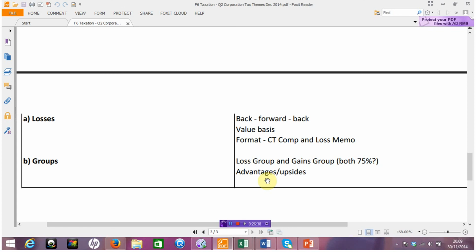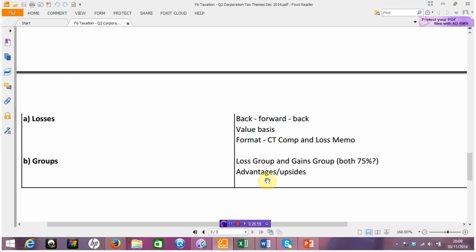And you may have seen this previously in other questions. There may be a question in the area of whether or not the loss in one company, or the capital loss in one company, the gain in another company, can be offset. Well, they can't be, because we cannot transfer gains and losses. We can transfer assets. So really, it's a timing issue, isn't it?